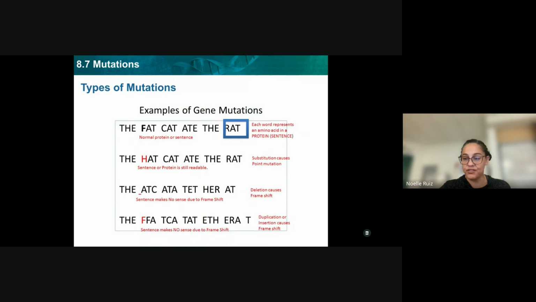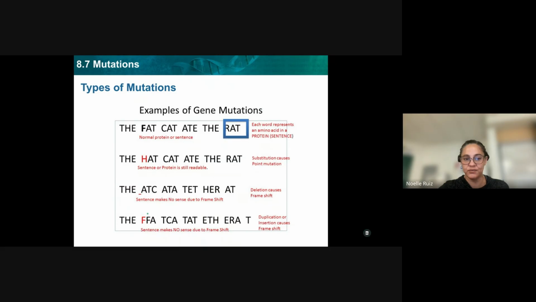Now, the last 2 are the frame shift mutations. Deletion will cause the entire frame to shift. So if we just cut out that F right there, everything else shifts to the left, and now the sentence makes absolutely no sense. And then same with a duplication or an insertion. If we insert an extra F right here, it did the same thing.